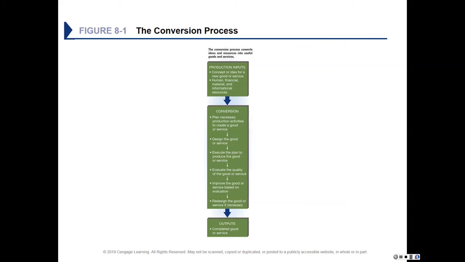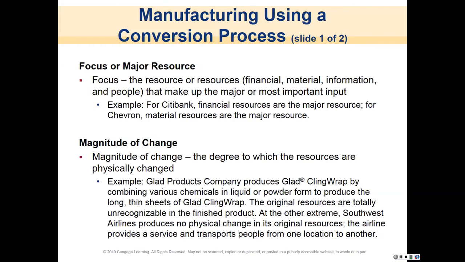And so we've taken whatever these inputs are, we've converted them through a production process, and we've created an output. When we do that, there's going to be a focus, or a major resource used. Focus just means which resource was used more than the others. For a bank, financial resources are the major resource, and for Chevron, it's probably the material resource.